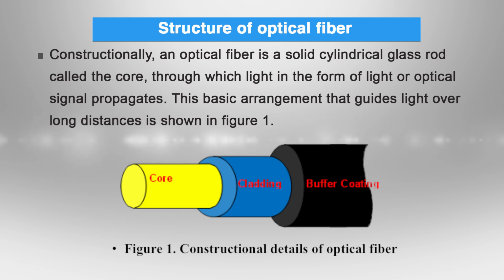In order to provide mechanical strength to this core cladding arrangement, other coaxial surroundings called the buffer coating and the jacketing layers are provided. They do not play any role in the propagation of light through the optical fiber, but are present solely for providing mechanical strength and support to the fiber.